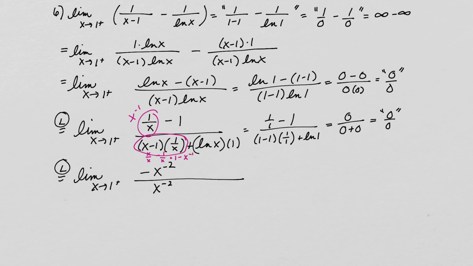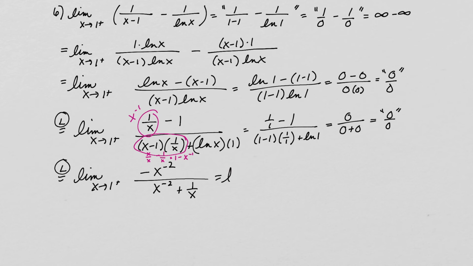Negative times the negative 1 would give me a positive 1, x to the power minus 1. So x to the negative 2 plus the derivative of the second, which is going to be 1 over x. So this is really, my line is way too long here.